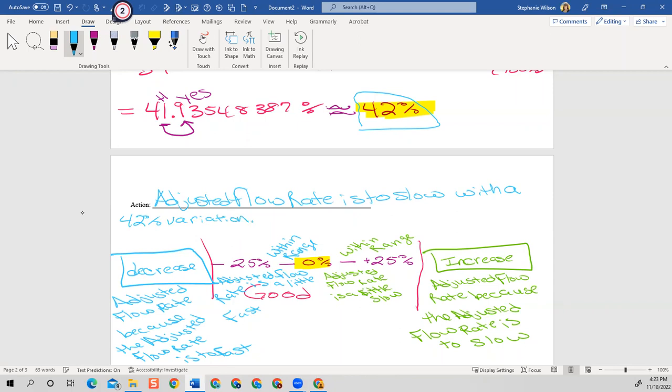What are we going to do? The adjusted flow rate needs to increase.